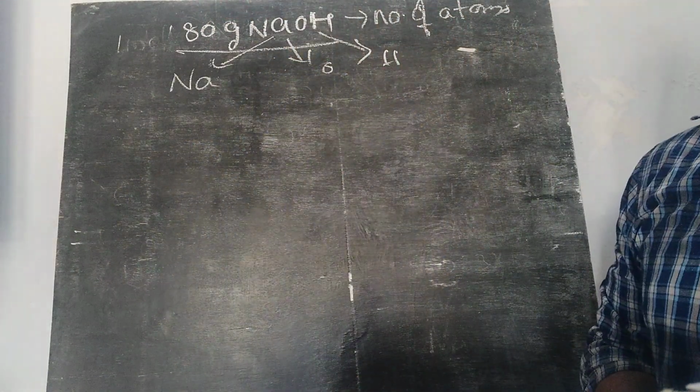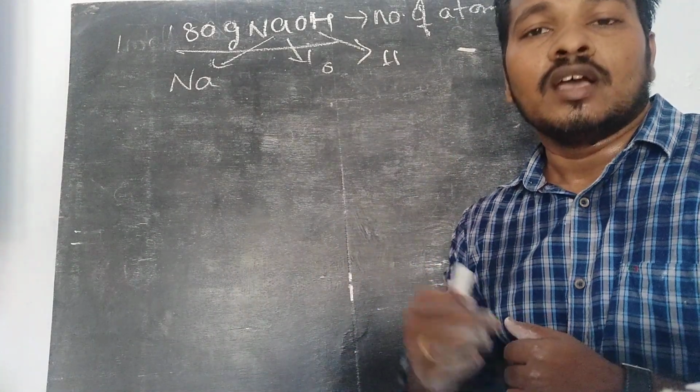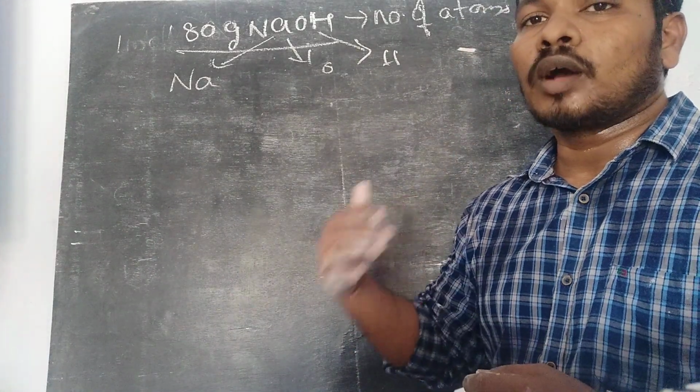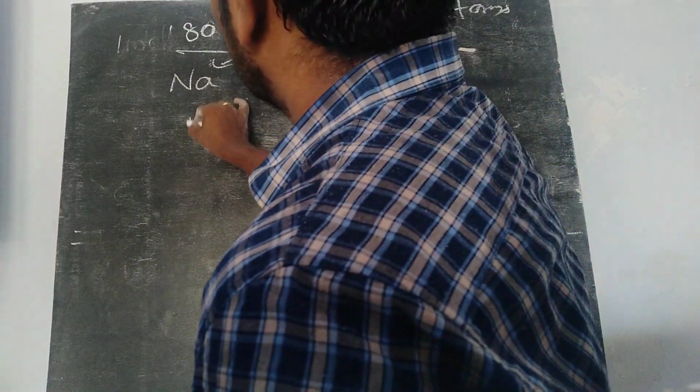See, this time what we have to do: first we have to calculate the number of moles, then you have to convert it into the particles. So for example, they are asking the number of atoms.